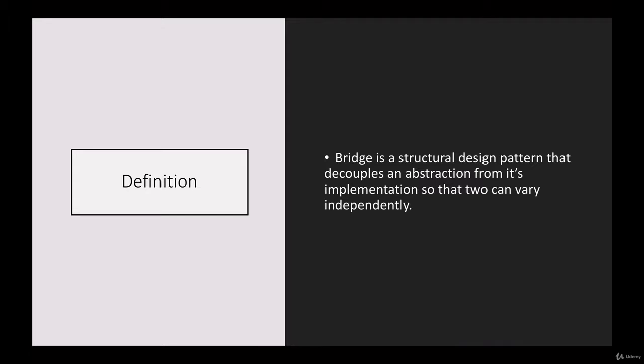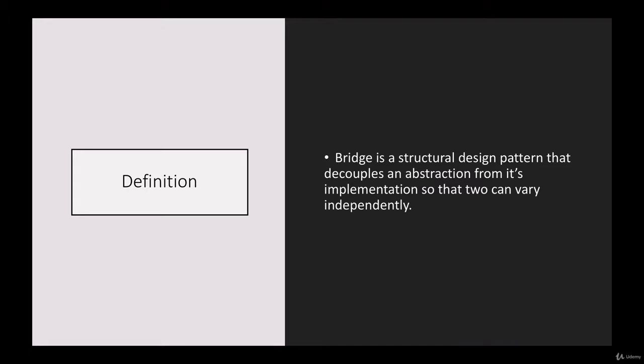And if you look at the definition, there are quite a few points which you should note about what this pattern is trying to do. What it says here is the bridge pattern decouples an abstraction from its implementation so that two of them can vary independently.